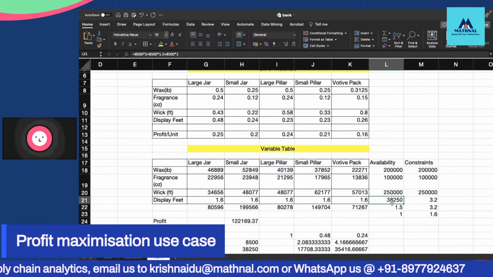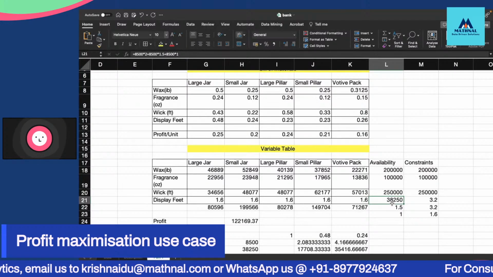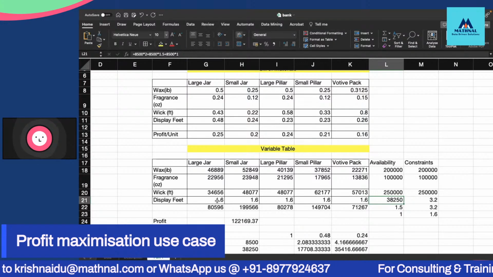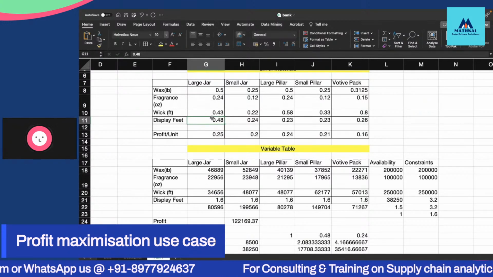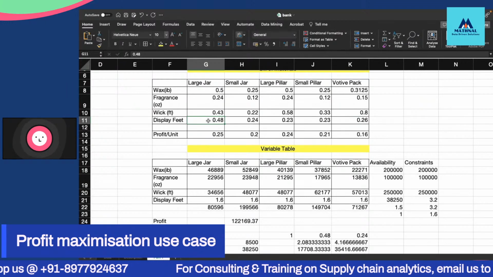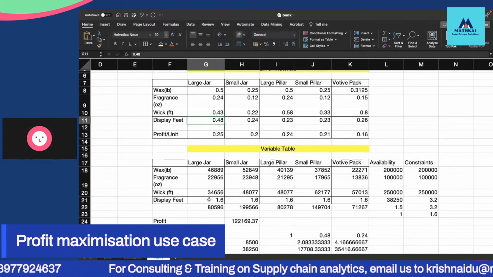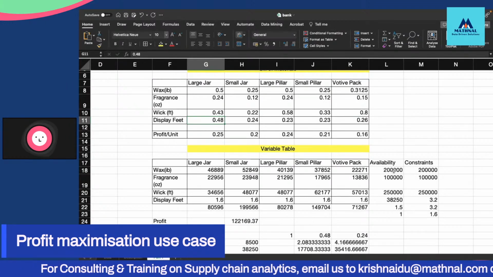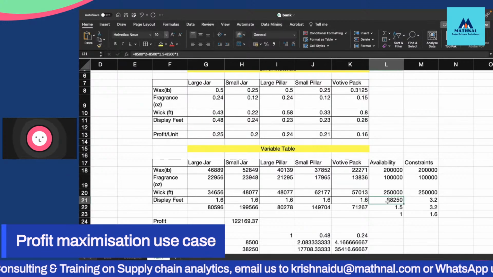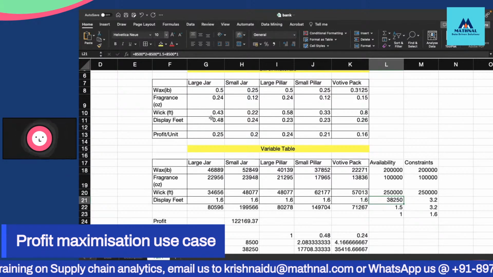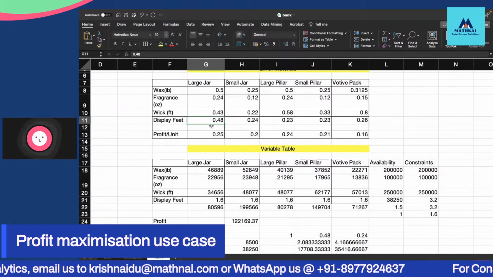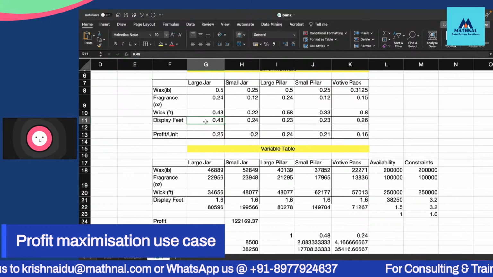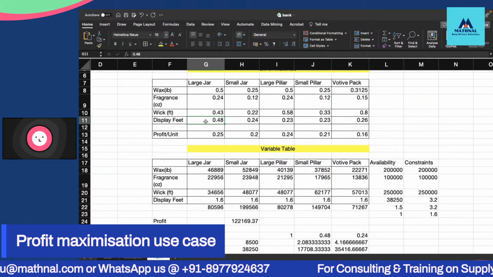And the problem here is that we have everything in different units. So if I have to manufacture, this is always going to be less than 38,250. For 1 unit, 1 jar, we need 0.48 of space.